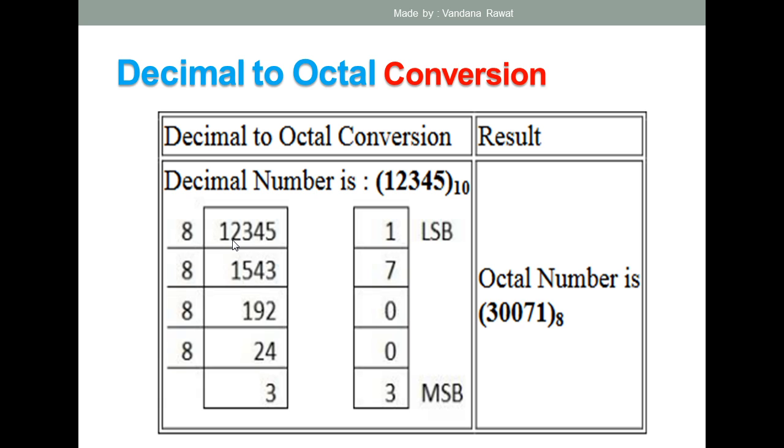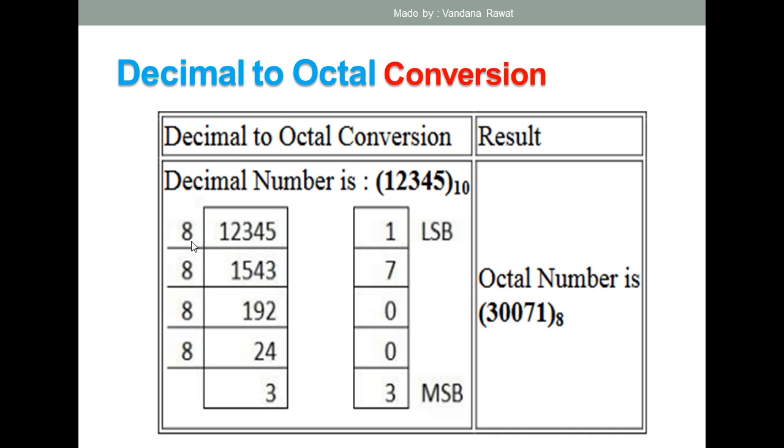Then after dividing, what do you get? 43. Then 8 fives are 40, then it will be 34. Then 8 fours are 32, that means it will be 25. Then 8 threes are 24. That means at last you get 1. So you write this 1 as the LSB.